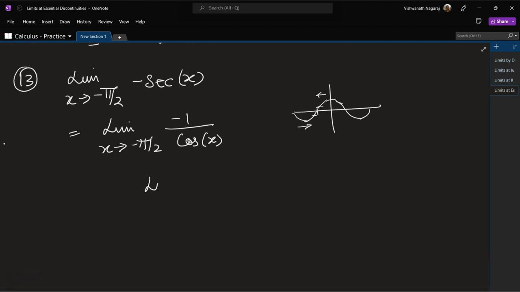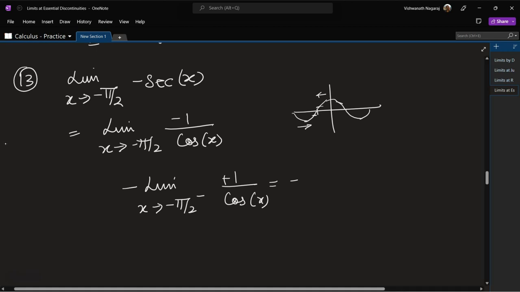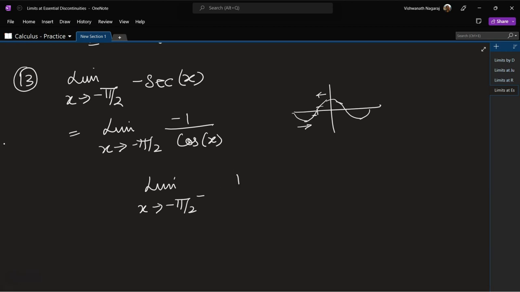So limit as x approaches minus pi by 2 from the negative side of minus 1 by cos x is going to be minus of, if we take this minus out, then let's just focus on 1 by cos x. So in which case from the negative side, from the left hand side, it will be negative. So minus infinity.